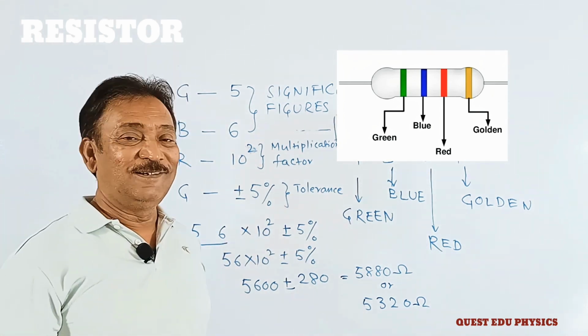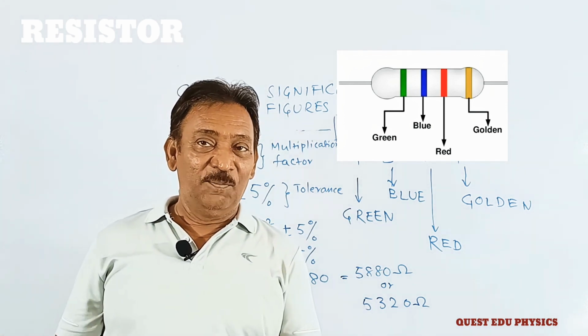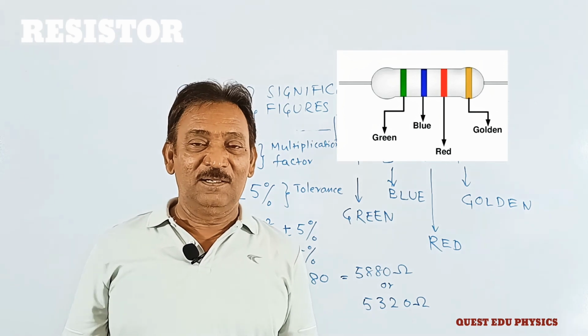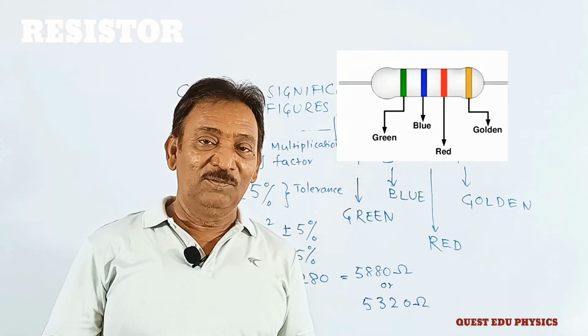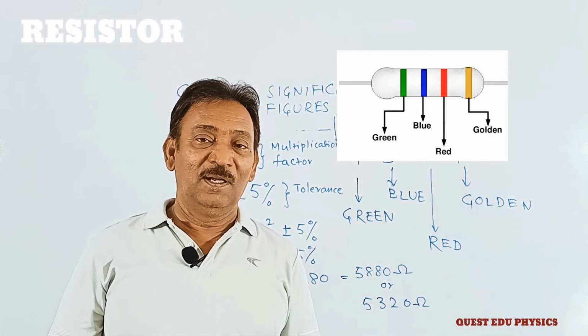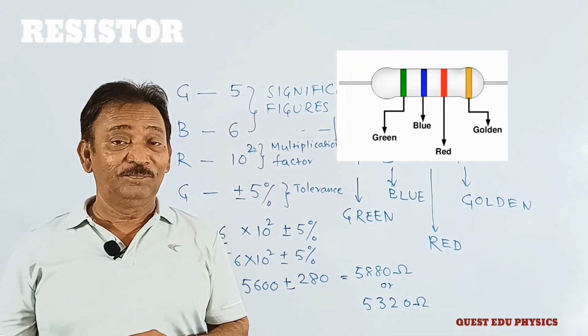Okay students, that is the story about the resistor. Simply, resistance is the property of the resistor. A resistor is a passive element that has two terminals and opposes the flow of the current.